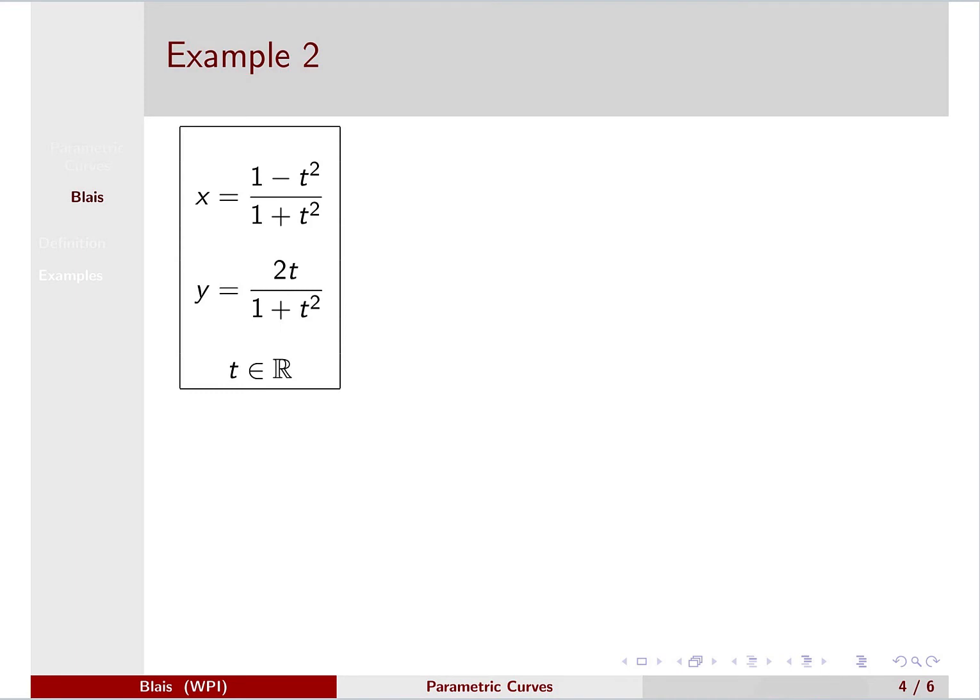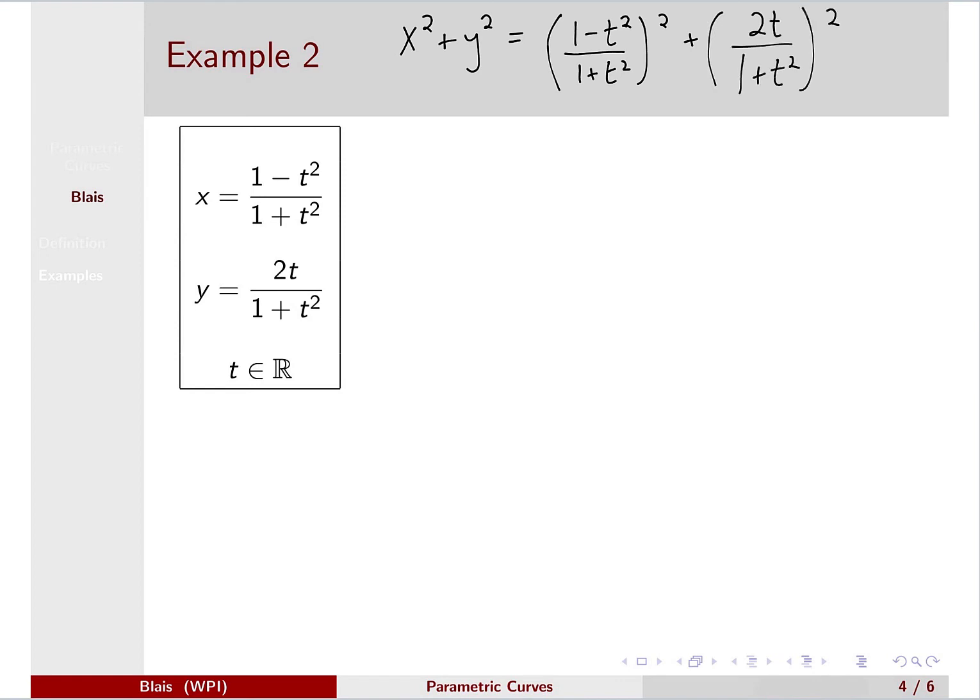So in this case, x squared plus y squared is equal to the quantity ((1 minus t squared) over (1 plus t squared)) all squared, plus the quantity (2t over (1 plus t squared)) all squared.